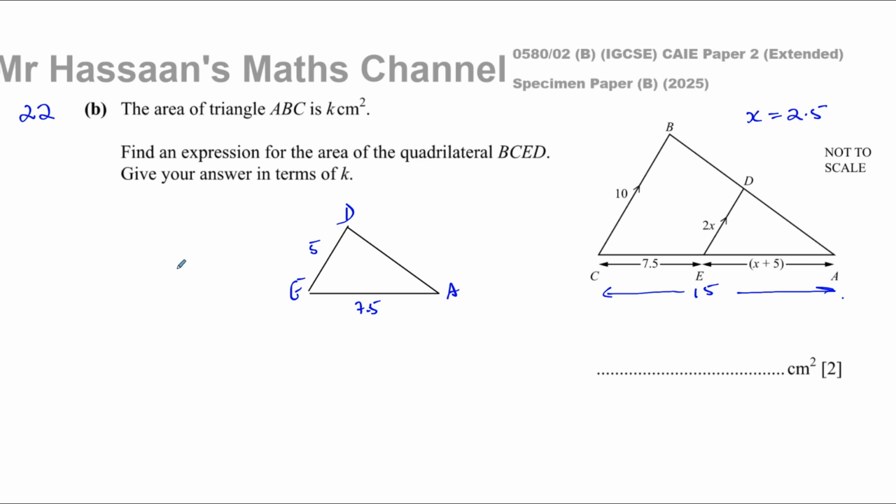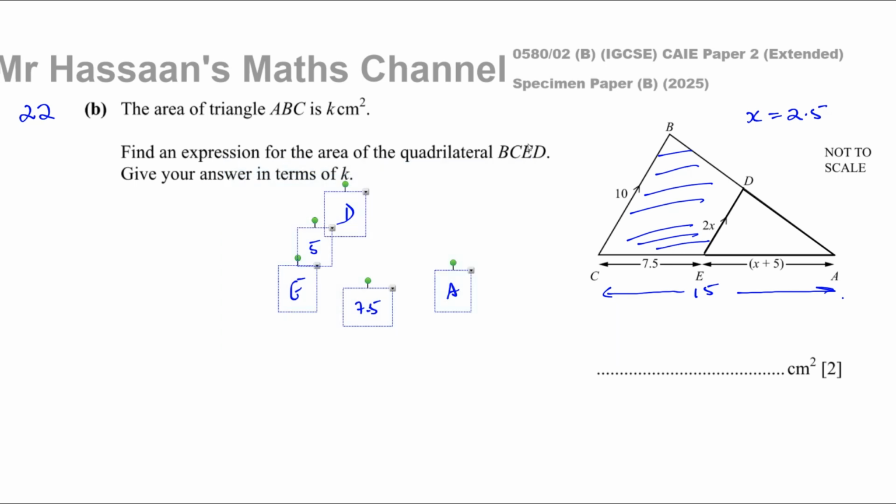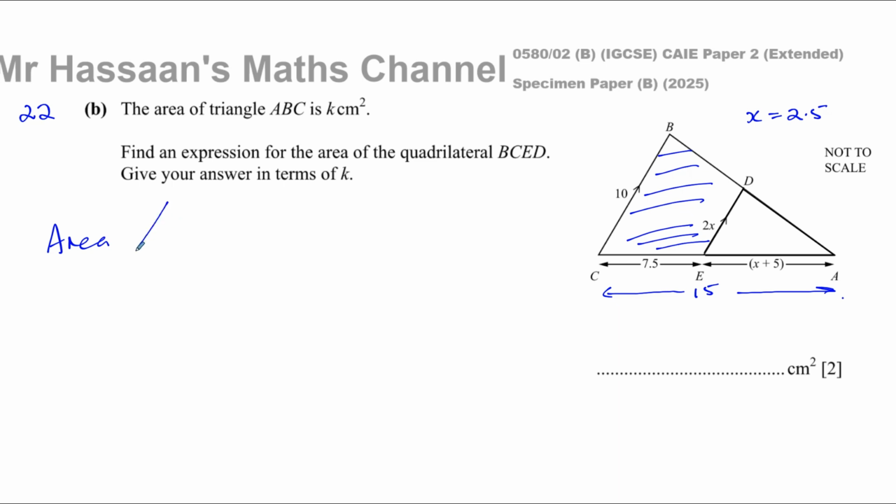Okay, so what we want to find is the area of the shaded region. We can think of this as the area of the whole thing, so it's the area of the big triangle, which is ABC, minus the area of the small triangle, which is ADE.